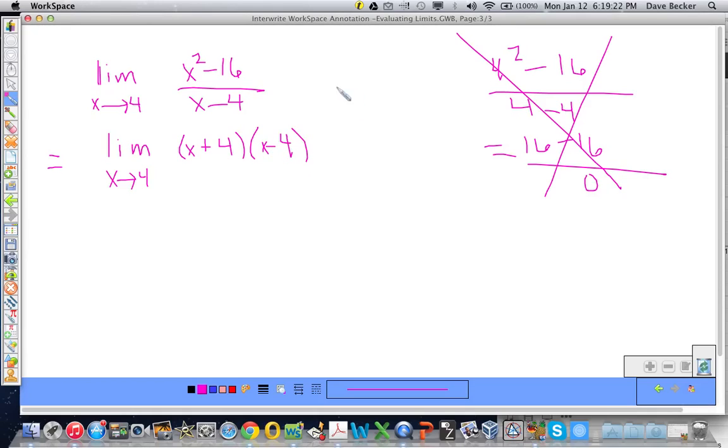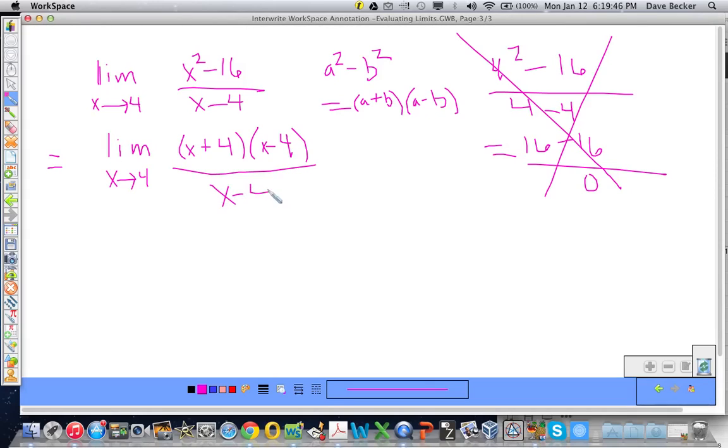Just recall that if I have a squared minus b squared, that factors into a plus b multiplied by a minus b. And sorry it's messy, I'm using the mouse to write with because the pen ran out of battery. Okay, over x minus 4.